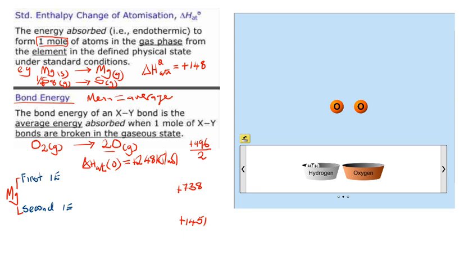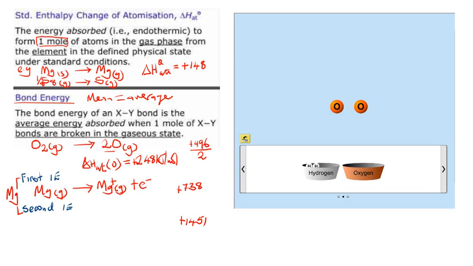So like in this case, magnesium, we are starting with magnesium in gaseous state, and we are going to form a magnesium ion in gaseous state plus one mole of electrons.